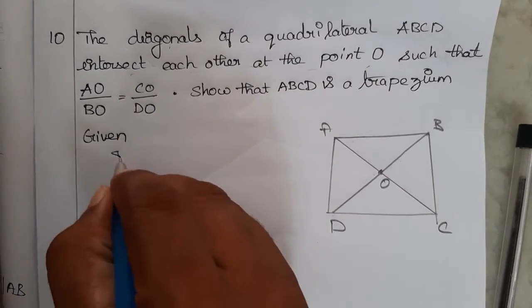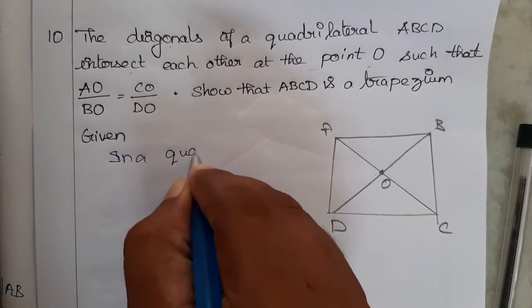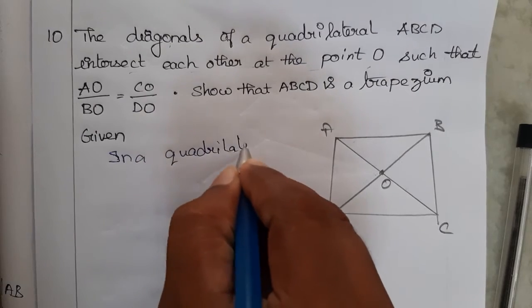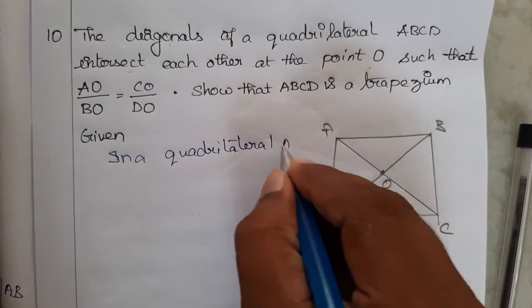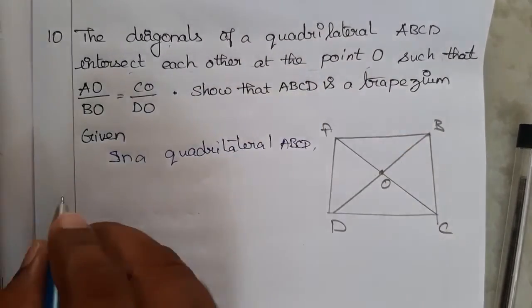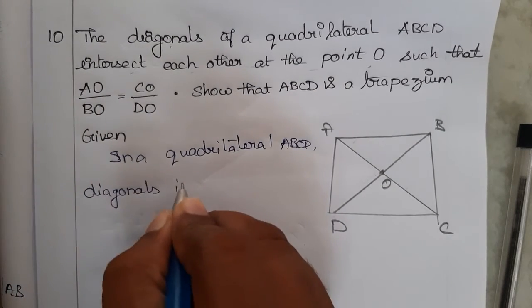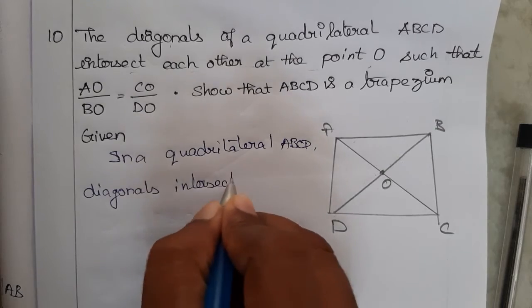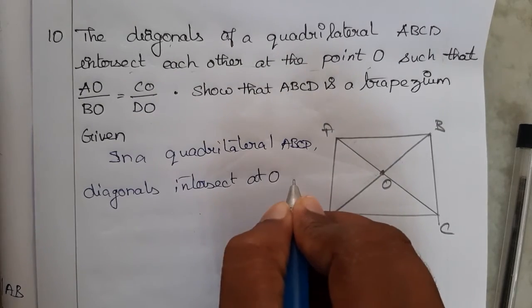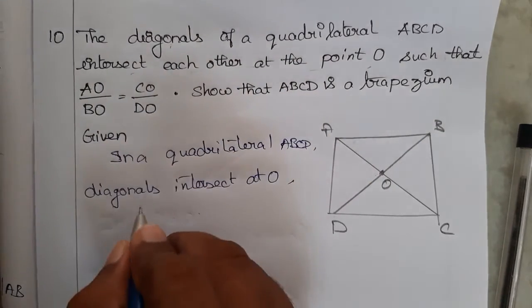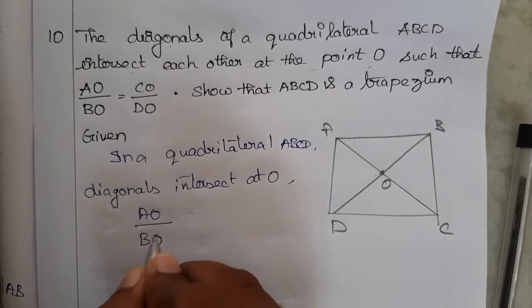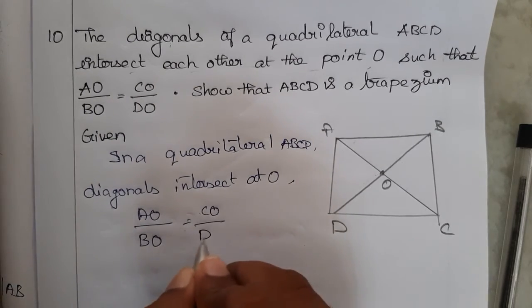Given is, in quadrilateral ABCD, diagonals intersect at O, and one more data is about the ratios: AO by BO is equal to CO by DO.